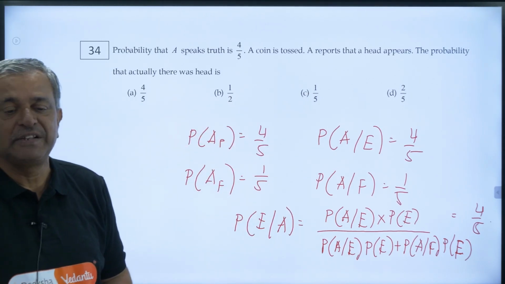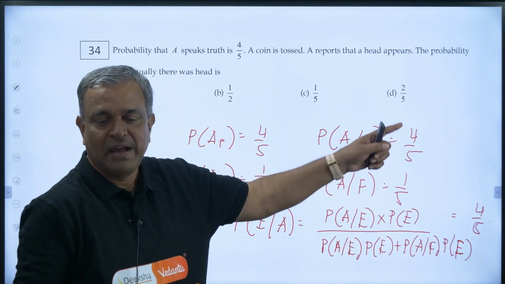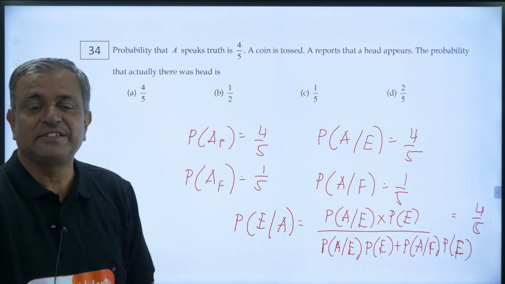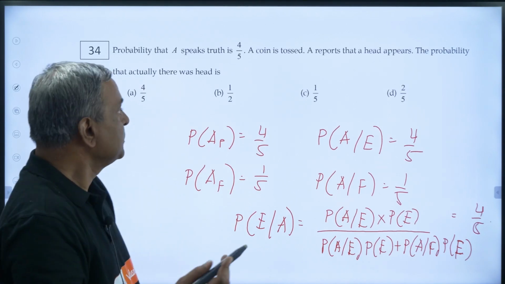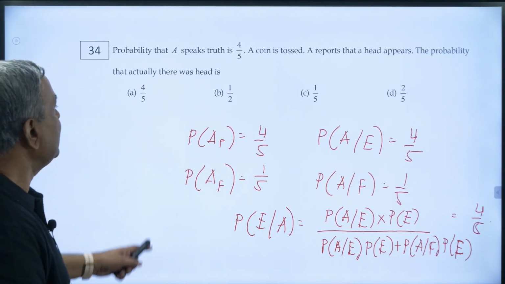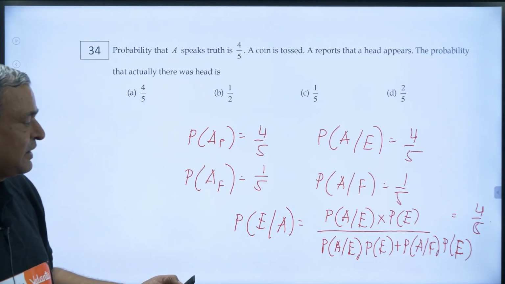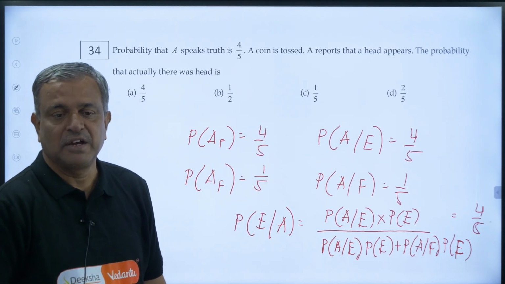Only two possibilities are there: tail came and he says it is a head. Clear? The coin is tossed, he reports that head appears, and 4 by 5 is the probability of speaking the truth and 1 by 5 is the probability of speaking a lie.